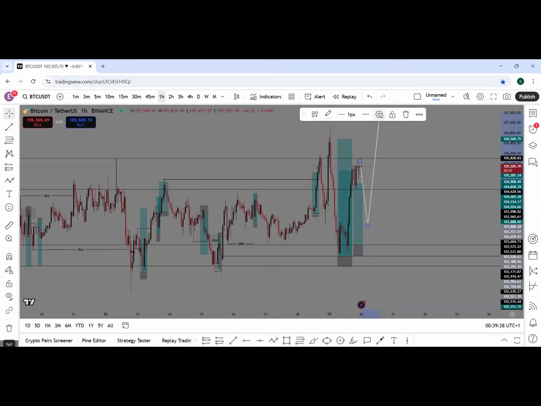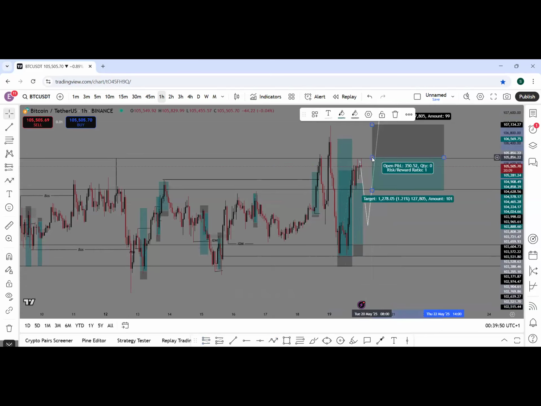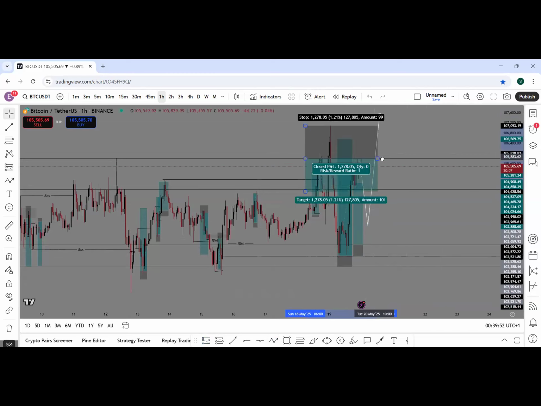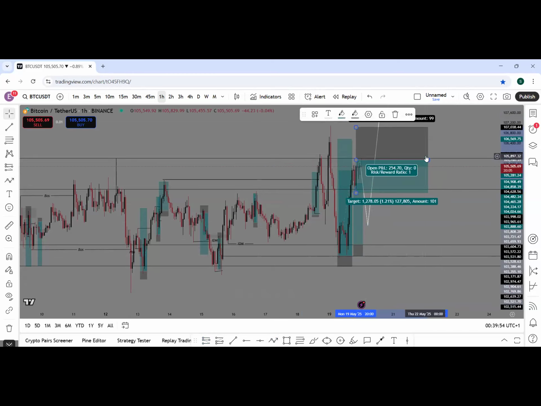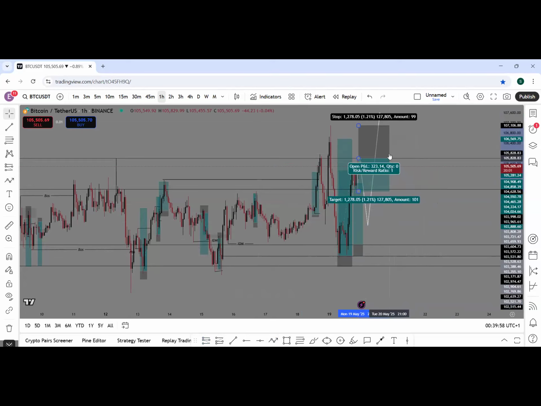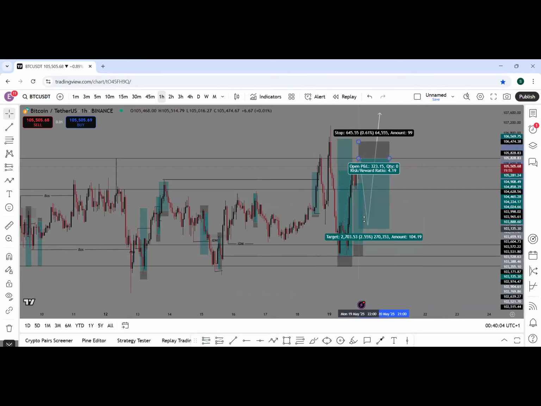If you're selling now, you shouldn't be exiting from here. If you're selling from this other block here, the exit point should be from here.